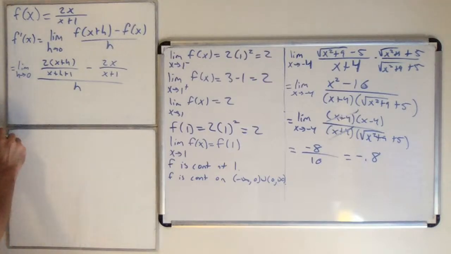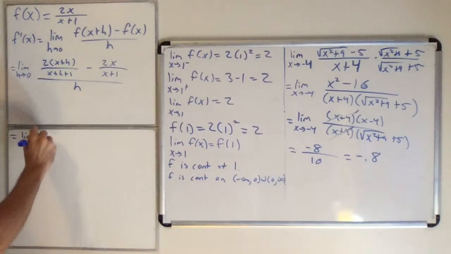So this is equal to the limit as h goes to 0. I'm going to pull this h from the denominator and write it as a 1 over h.